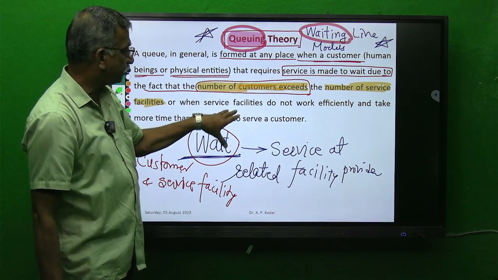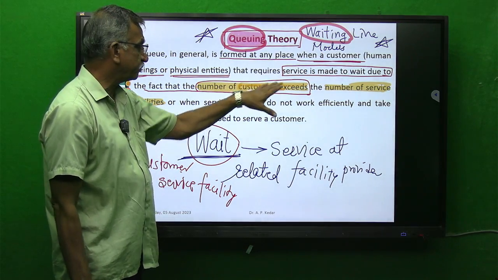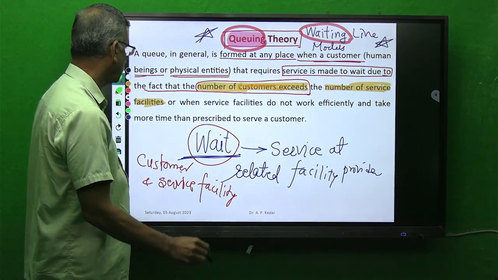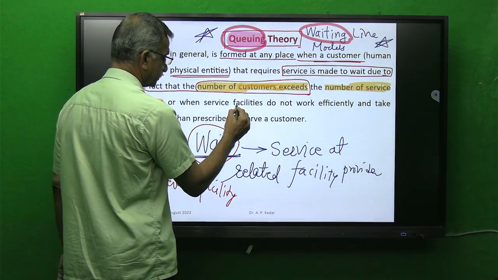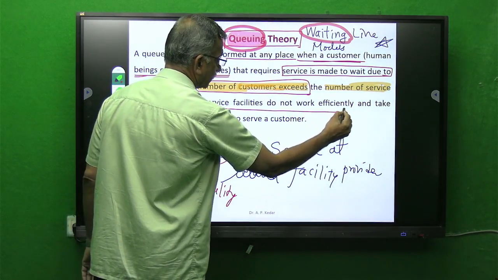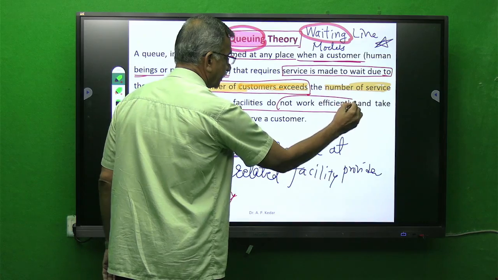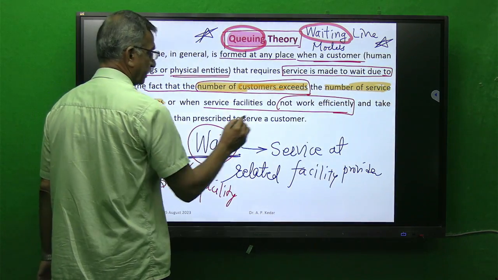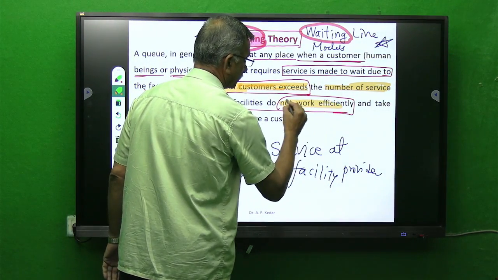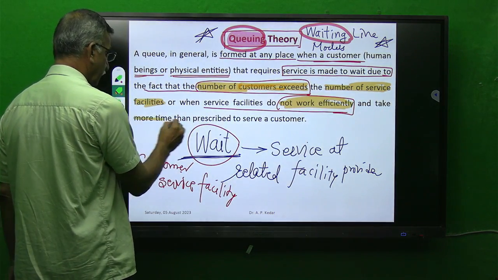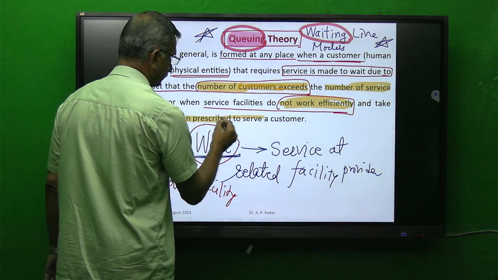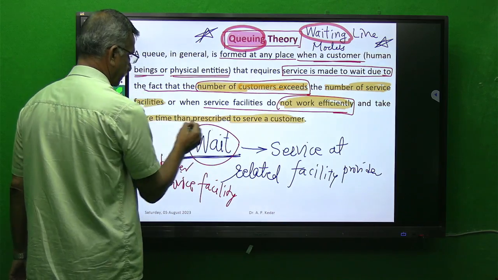If there is improper balance between these two things, or when service facilities do not work efficiently, important again, service facilities do not work efficiently and take more time than prescribed to serve a customer.